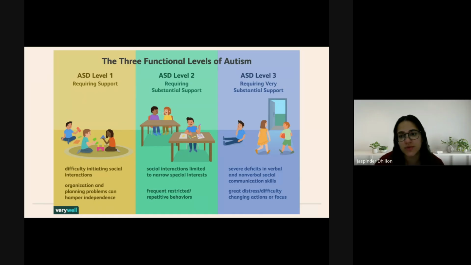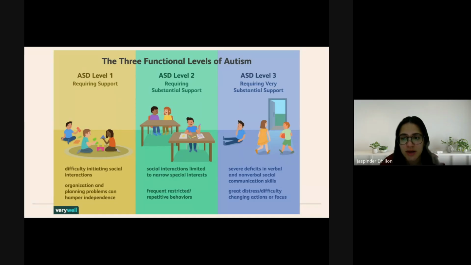On level 2, the child might have more noticeable difficulties in social communication and behavior. They might have limited or repetitive speech, struggle significantly with change, and exhibit behaviors that are more obvious to others as well. These individuals would need more structured support to help manage their daily tasks and social situations.